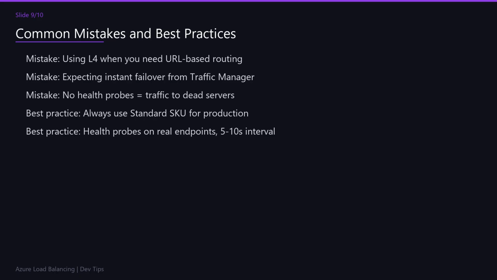If you need instant failover for HTTP, use Front Door. Number 3, and this is the most common. People deploy a load balancer, add their servers, but never configure health probes properly. If the health probe is not checking a meaningful endpoint, your load balancer will happily send traffic to a crashed server. Always probe a real health endpoint, not just a TCP port.